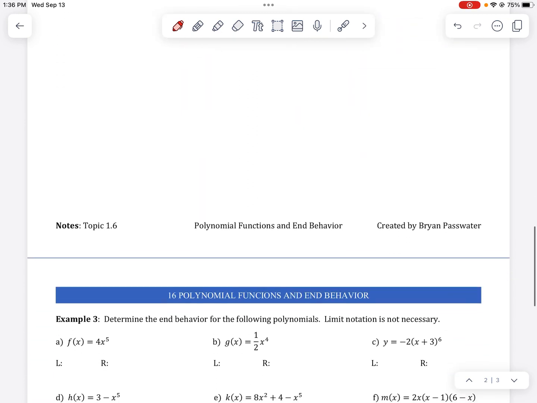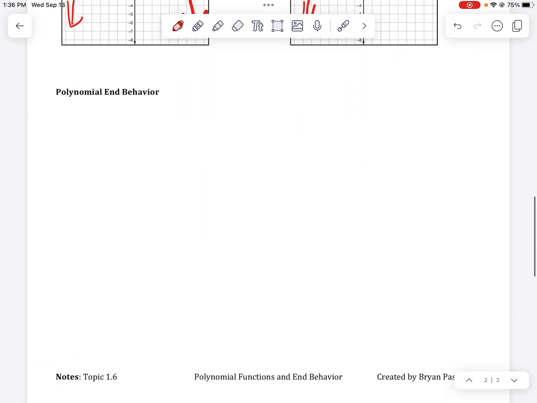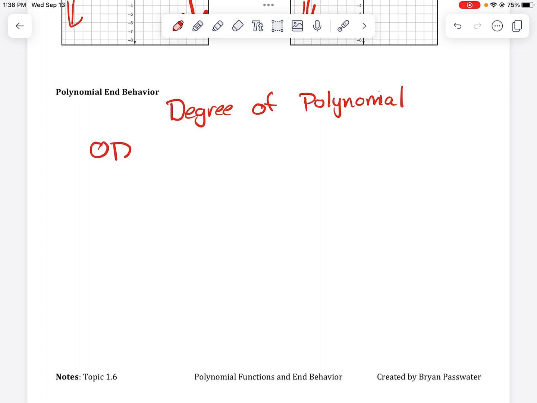Now, to summarize what we talked about when you grouped these together, look at the degree of the polynomial, whether it is odd degree or even degree.